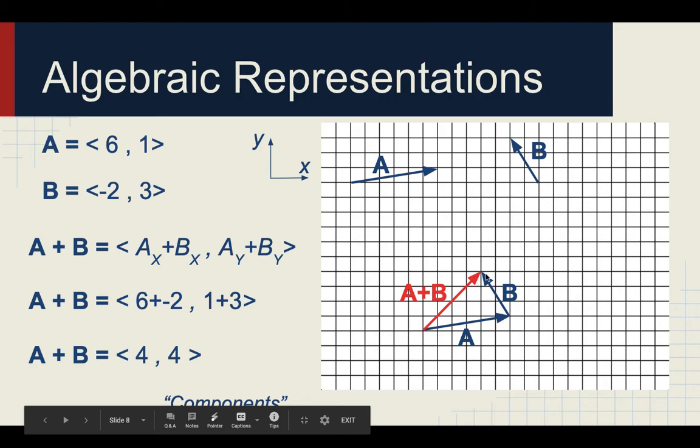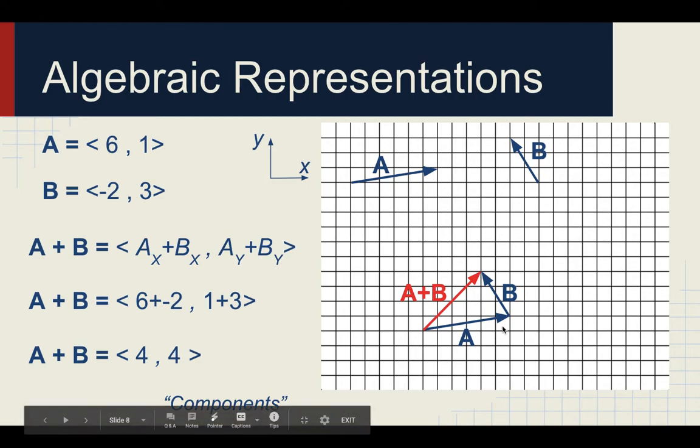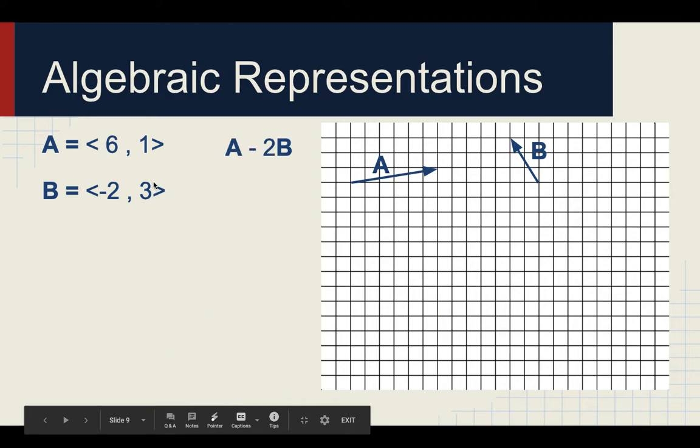And if you look at this resultant vector here, it is indeed 1, 2, 3, 4, 1, 2, 3, 4. That is a vector with x component of 4 and y component of 4. So that's what it looks like if you're adding vectors algebraically. Graphically, it gives you this tip to tail sort of visual. Algebraically, you're just adding the components.